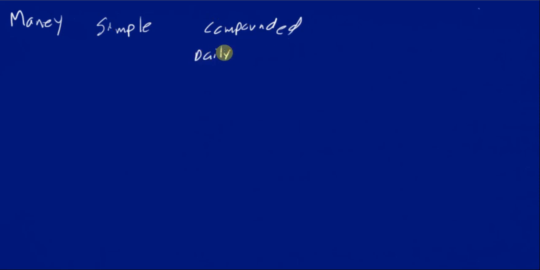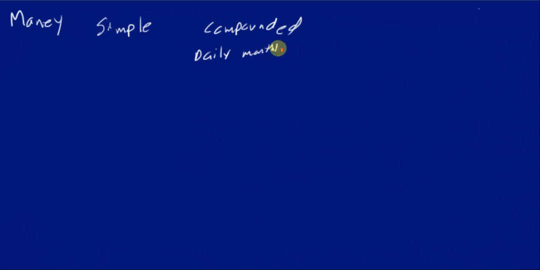What we're going to do is some word problems with this exponential growth. The most common thing is going to be money, because money grows exponentially. So we're going to do what's called simple interest, compounded, and you can compound hourly, daily, monthly, whatever you want to do.